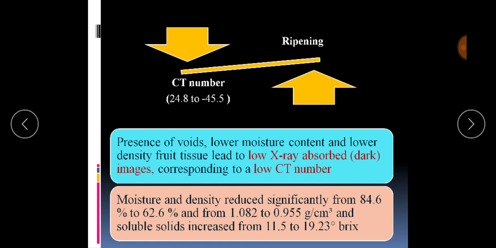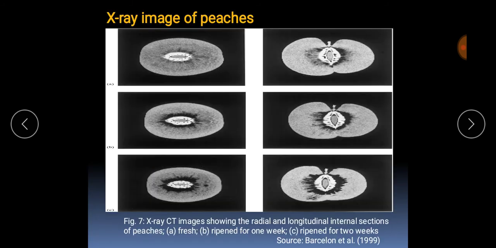All these changes can be checked with the help of the CT number and the X-ray absorption capacity of that particular fruit, and based on that the computer will check the proper fruits and not proper foods, and decide to send the right fruits to the market. These are images with different relative humidity, different shapes, and different gaps inside the fruits. All these things can be checked by X-ray images.